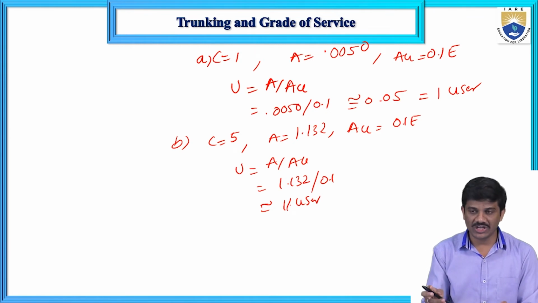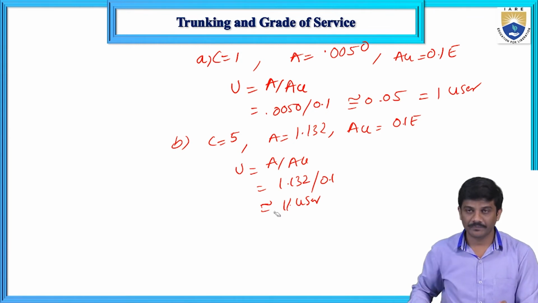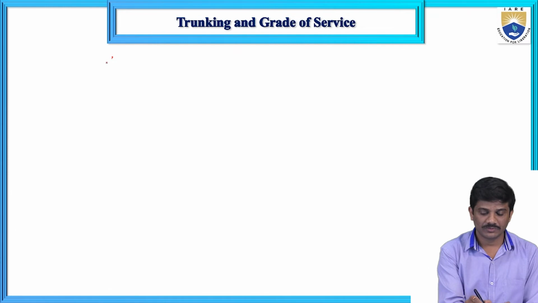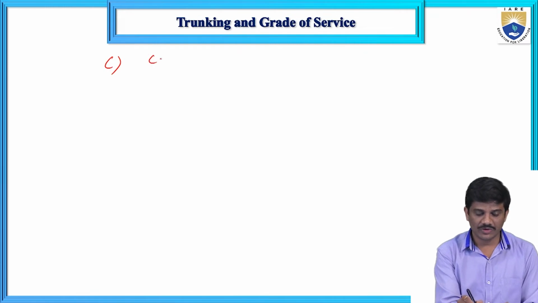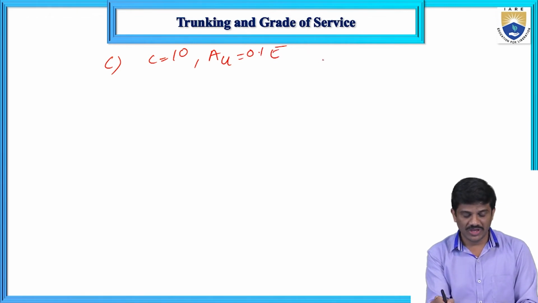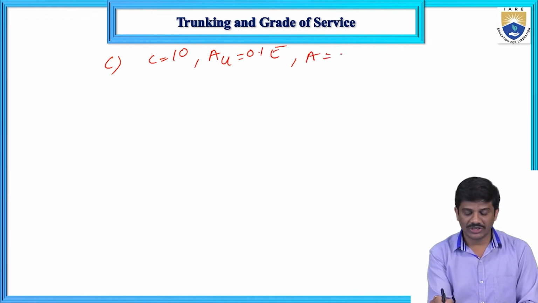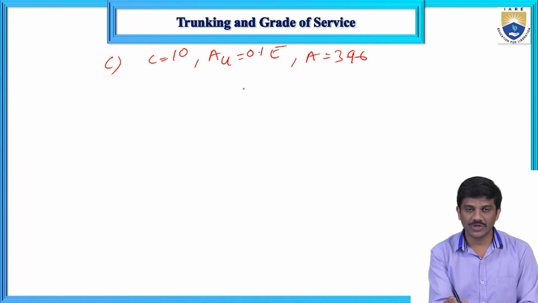Coming to C, C equal to 10, then AU equal to 0.1 Erlangs, as given in the problem. A equal to 3.96, then U equal to A by AU, that is 3.96 by 0.1 Erlangs. What is the number of users?